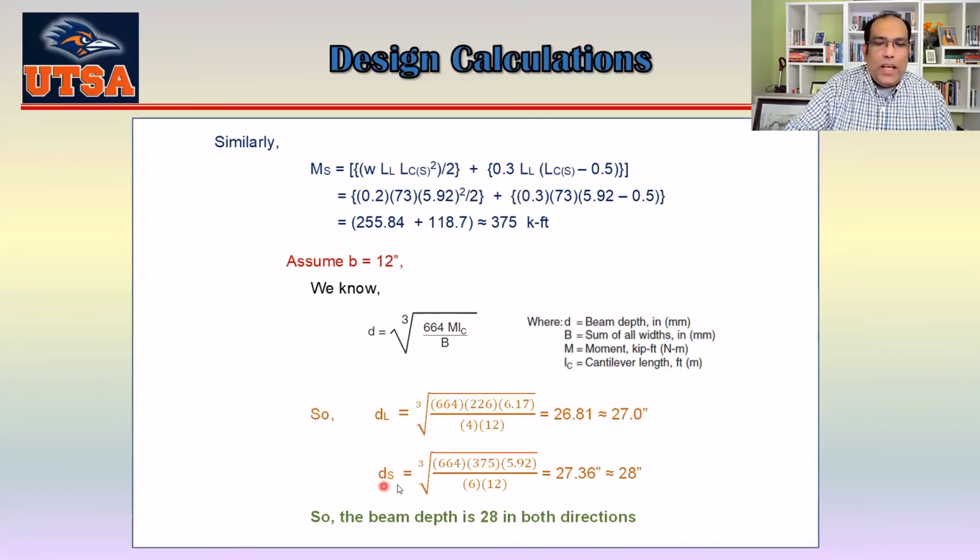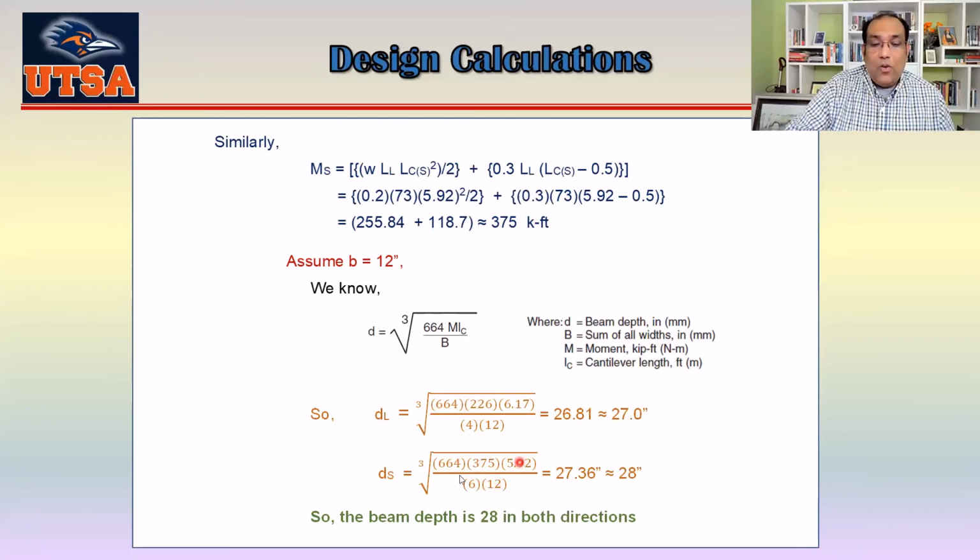So I'm doing that for the short side, okay? 664, and that's my moment in the short side. And then this is my LC in the short side. In the short side, I have 6 beams, and each of them is 12 inch width. Okay, so its total is 72 here.